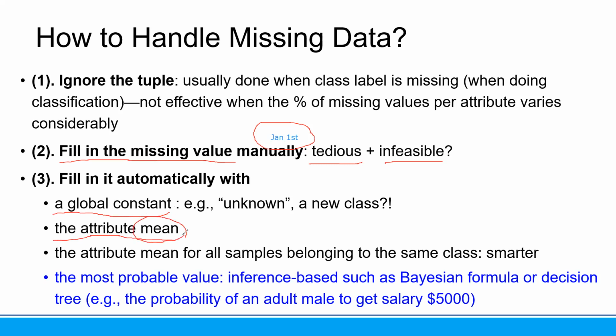This is the most common way. If the missing attribute is a numeric value, we can fill the missing value with the average or mean. Or we can use the mean of all samples belonging to the same class.